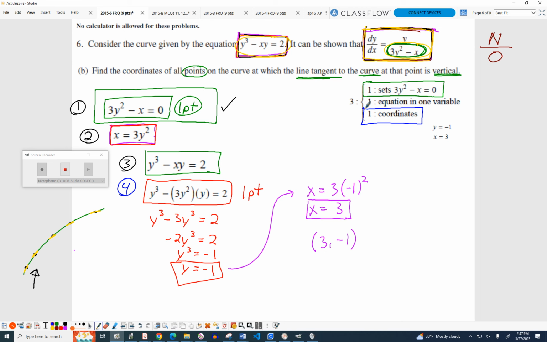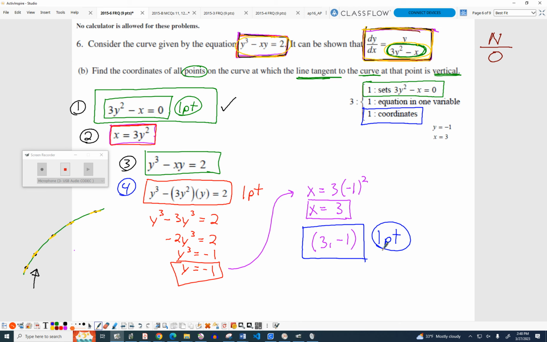Do they have this? That's 1 point. If they don't have that, it's highly unlikely they're going to have the red box. So I go look for it, but I probably won't see it. So I know they're going to get 2 points. They pretty much have to say equals 0. They can't just say undefined. They have to have the green box to get that other point.